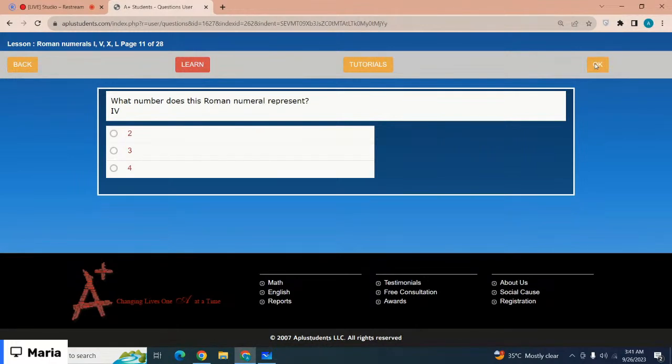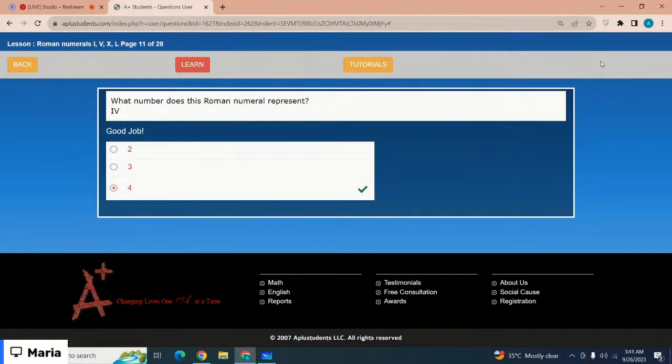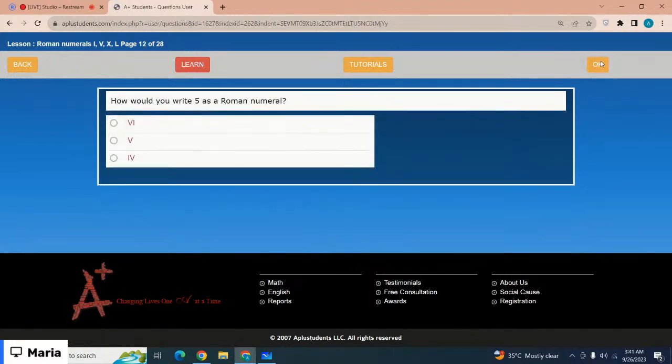Which is the correct option? Yes, IV is 4, so the correct option is 4, right? Okay, how would you write 5 as a Roman numeral? So, which is the correct option? Yes, that would be V.